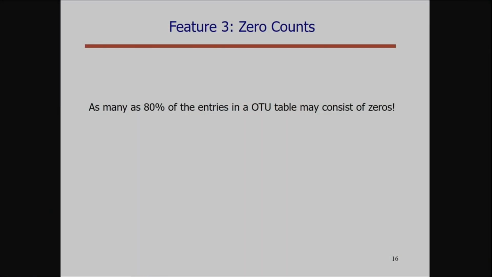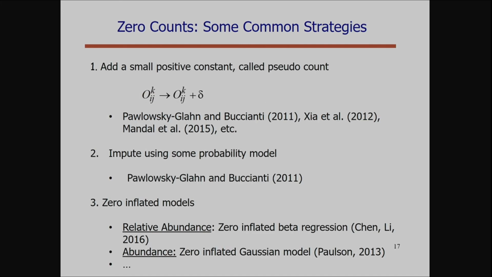The third important feature of these data is that you have lots of zeros in the data. The tables are filled with a lot of zeros. And there are a variety of methods available in the literature to deal with these zeros. Some add a constant delta to all the observed counts, and some actually impute using some probability model, and some use zero-inflated variations of the Gaussian model and so on.